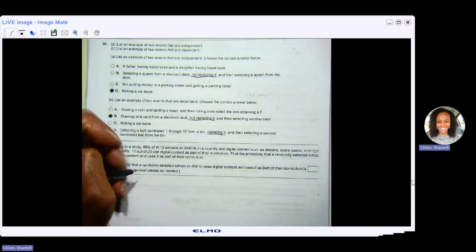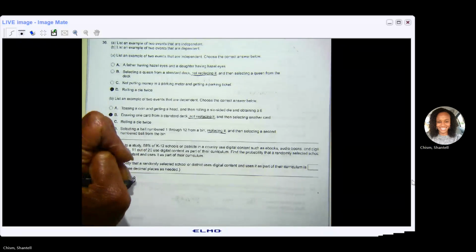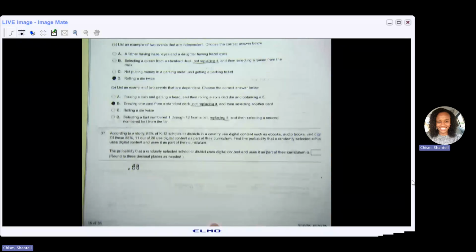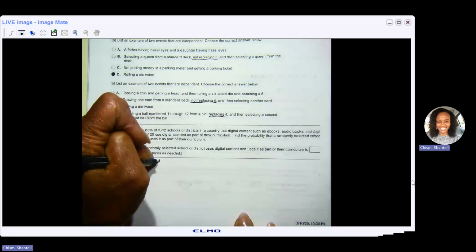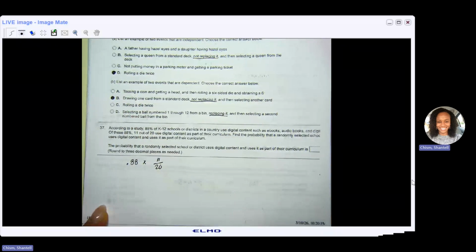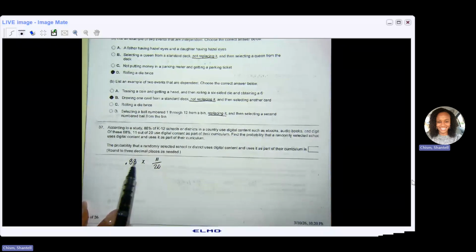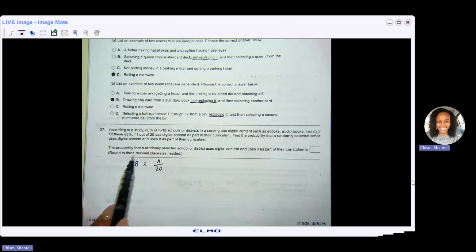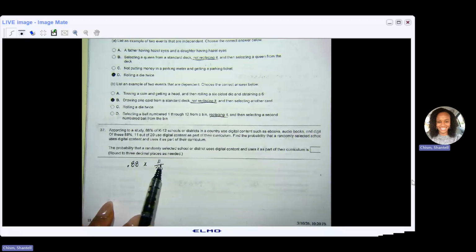So this is where we take the 88% times the 11 out of 20. We make that 88% 0.88. That is the probability that a school uses digital content. And then of those that use digital content, this many use it as part of their curriculum.